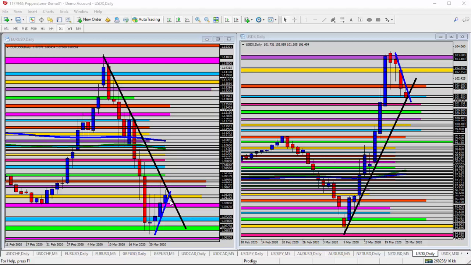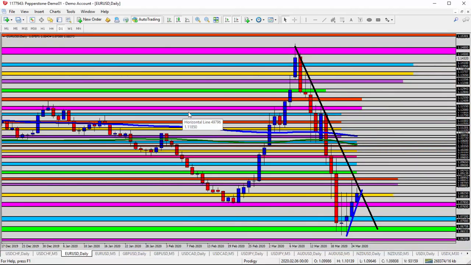Again, we have that crossroads, that crossing of the two trend lines, the rising blue trend line and the falling black trend line on the euro dollar. The question is, will the buyers retain control, drive through the black trend line, and continue to pressure higher, or will the sellers grab back control and send it back down again? Those are some of the questions we're going to try to figure out as we go through our day today. Who's going to win this battle, the buyers or the sellers?